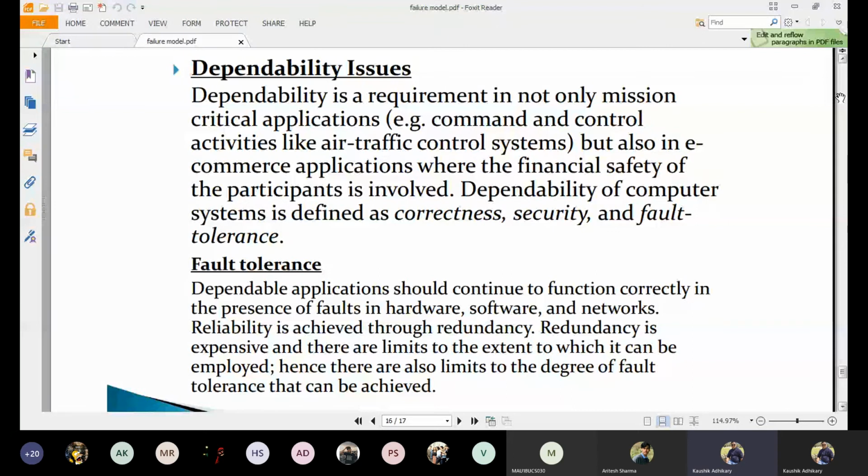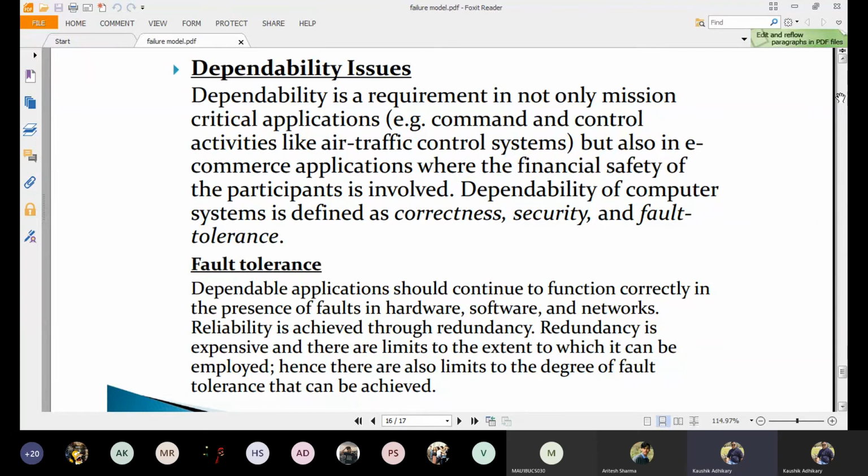See, every application, every system is dependent on each other. So there should be correctness, meaning we should trust that this system will always provide the correct values. It should provide security and it should be fault tolerant.